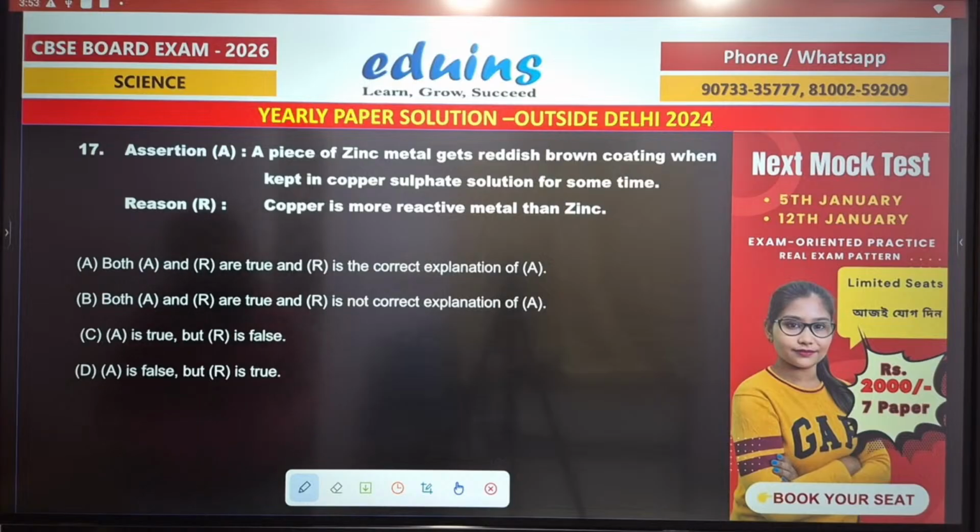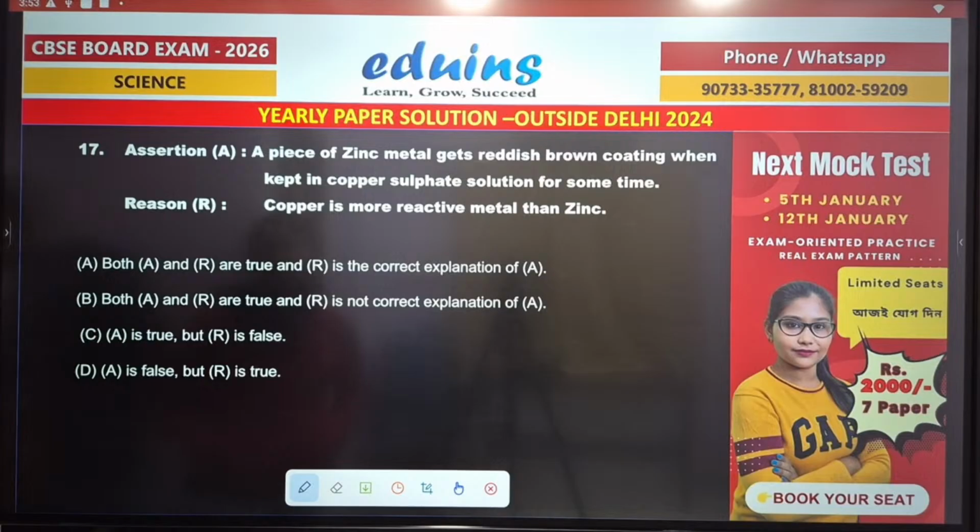Any guesses from students? Okay, A is true but R is false. Okay, Arjun? We will see what the right option is. Option A says both A and R are true and R is the correct explanation of A. Copper is more reactive metal than zinc.